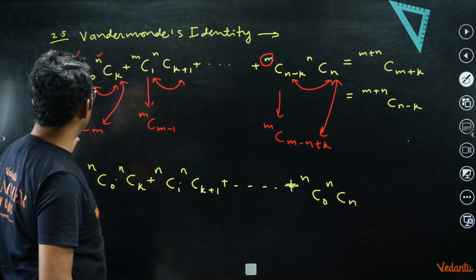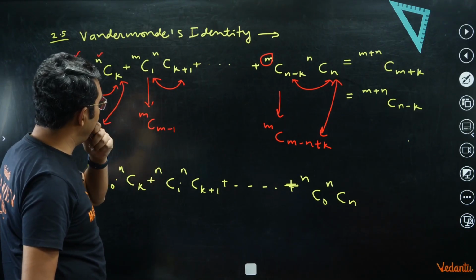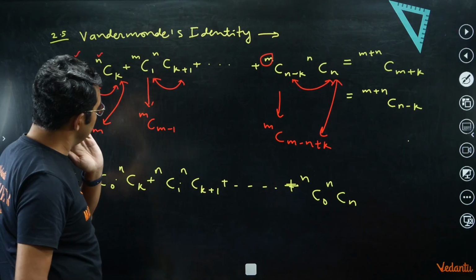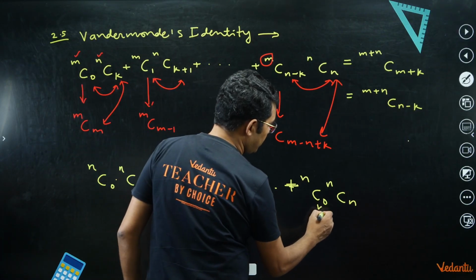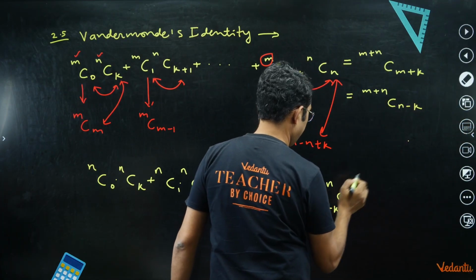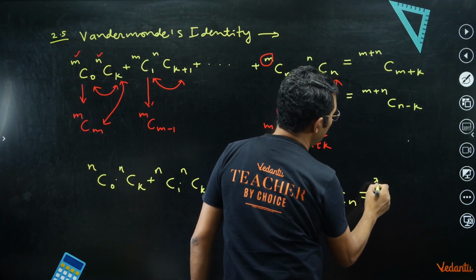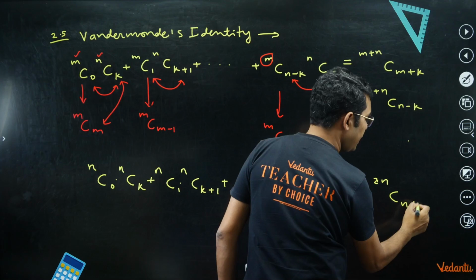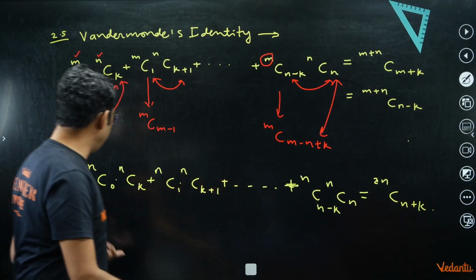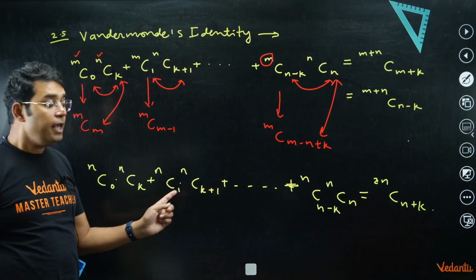I think I had done something wrong earlier, because after 0, 1, k plus 1, this would actually have been n minus k, not 0. So in this case this will become equal to 2nC(n plus k), that's it. So in this case the difference is k, it will become 2nC(n plus k).